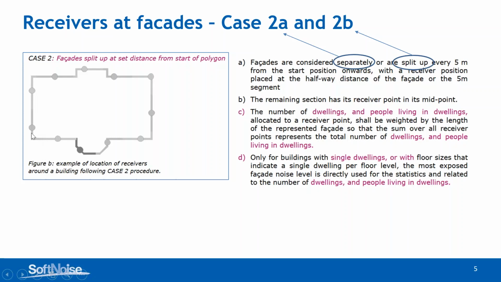So there's the same length of facade between all receivers. And there's a case 2A and 2B, because facades are considered separately or split up every 5 meters from the start position. So even within case 2, there are already 2 cases. That's why, as you can see later in this demonstration in Predictor, you can choose between case 1, case 2A, and case 2B.